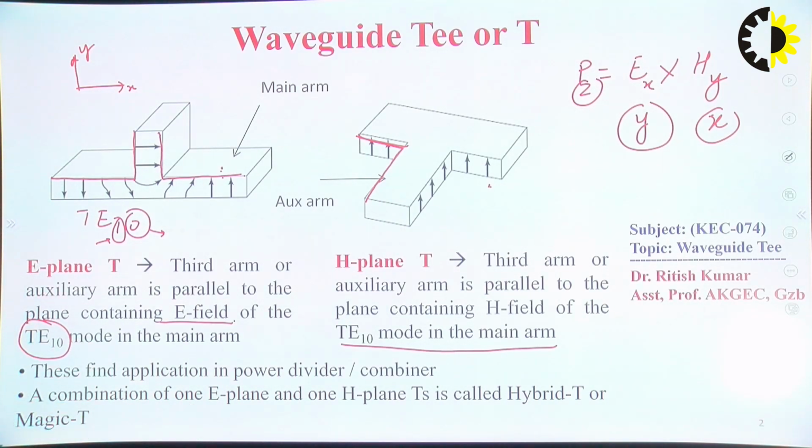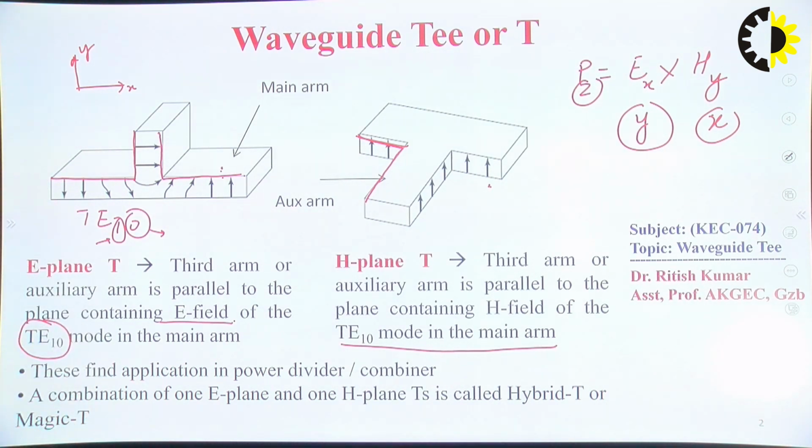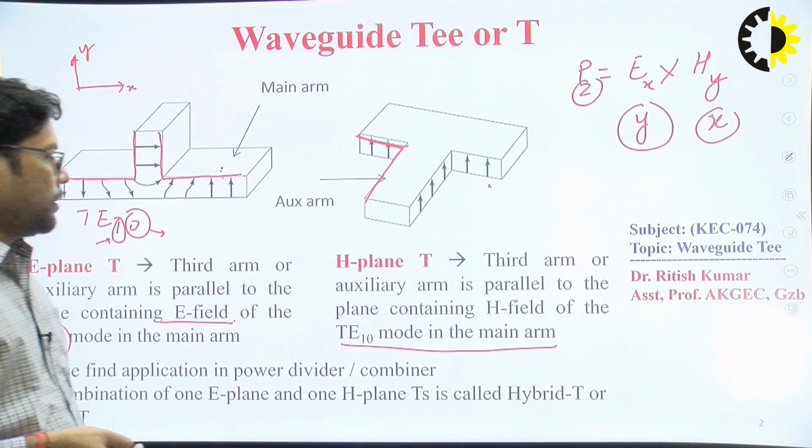So where can we use the waveguide T? Where we need to take different kinds of power with the help of a power divider or power combiner. In microwave engineering, we need to make a power divider with the help of a magic T or E plane T or H plane T as well. So it can be used in power divider and power combiner devices.